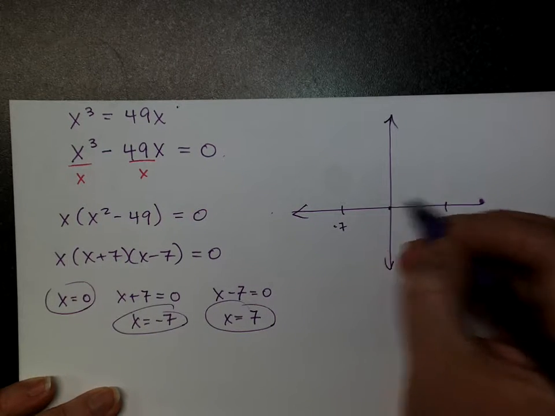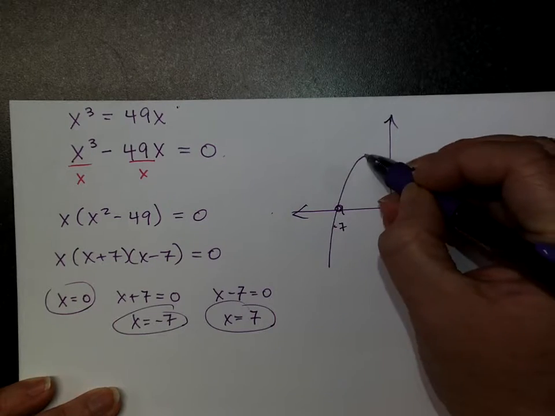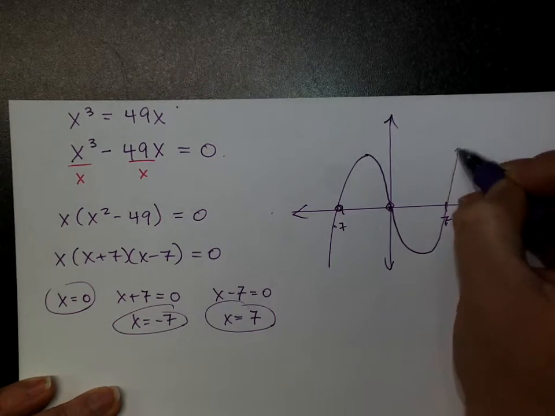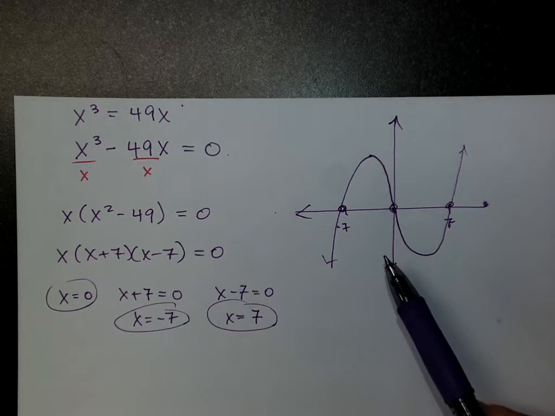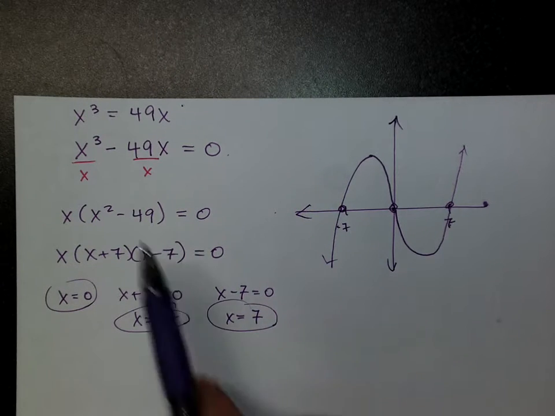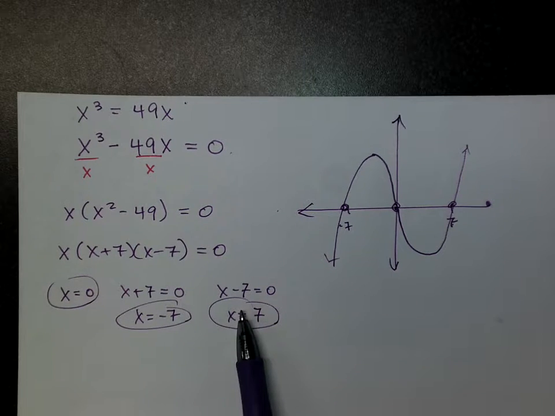Of course, that's 0. A cubic makes kind of a roller coaster shape, like a swoop. And how many x-intercepts does it have? 3. Its degree is 3. When you solve its single variable equation version, you get 3 x's, 3 solutions.